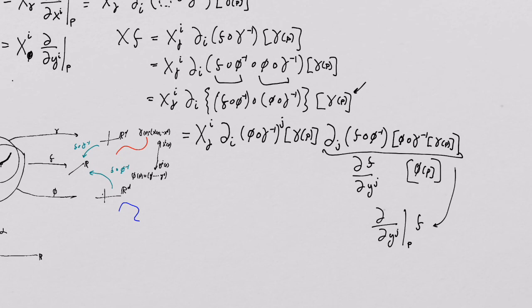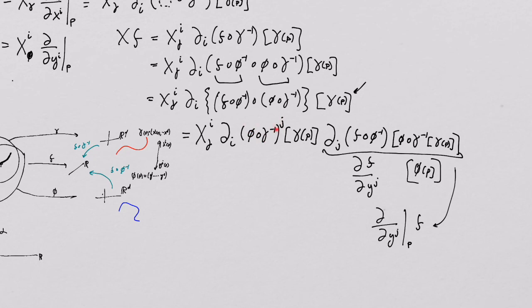And what about this side here? What about this stuff? Well, that's the components. That's not going to change. This is actually a transition function. It's the jth component of a transition function, the derivative of the transition function with respect to the chart representative of p. We know the derivatives exist because it's a differentiable manifold, so we know that transitions from R^d to R^d, those transition functions are differentiable and they're smooth. So we don't have to worry about the existence of that derivative, and we have the jth component of that thing.